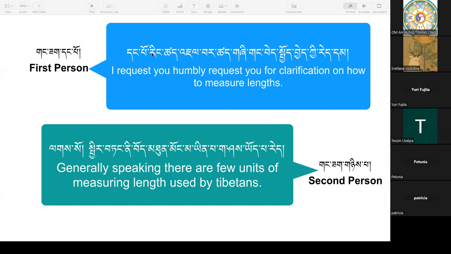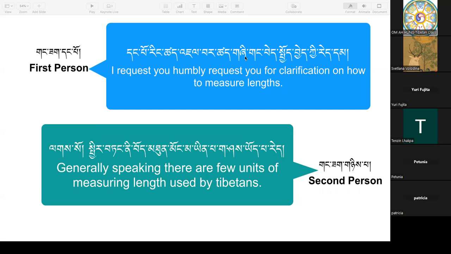Rinse means length. Rinse jelwa means to measure length. So seshi is a unit. Seshi means unit. So we have many different units, right? We have many different units to measure with. So ringse jelwa means to measure length.